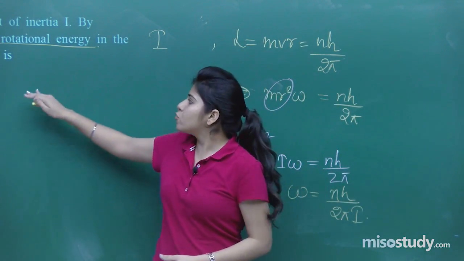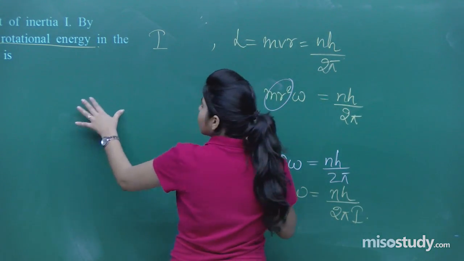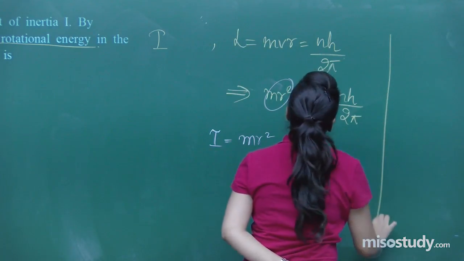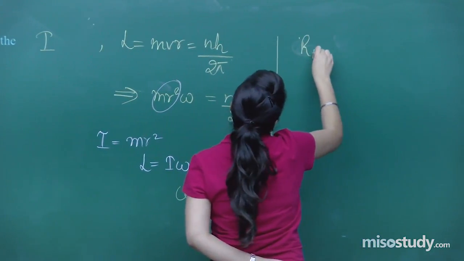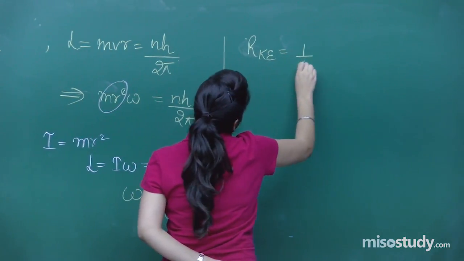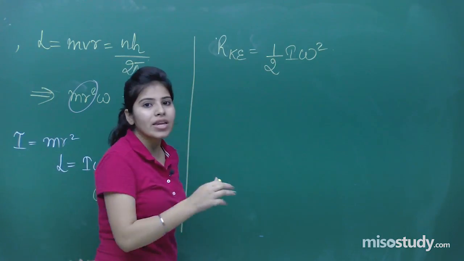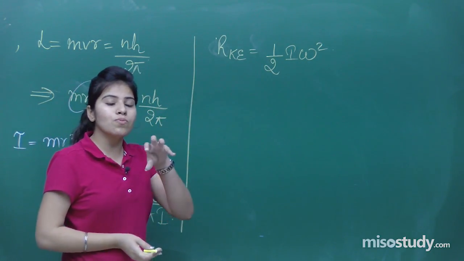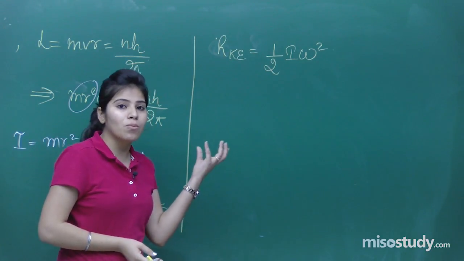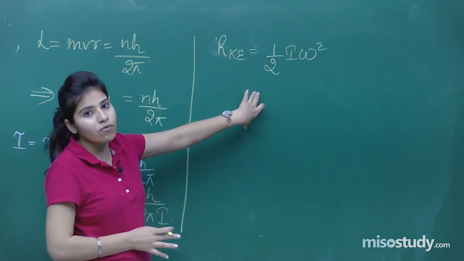Now because I have to find the rotational energy, I know that the formula for rotational energy, let me write it as rotational kinetic energy, is half I omega square. If you start with half mv square and put the angular velocity in that, you will have this same formula.